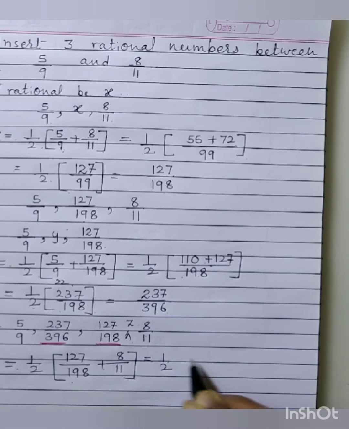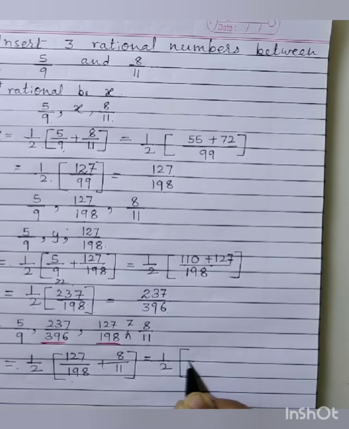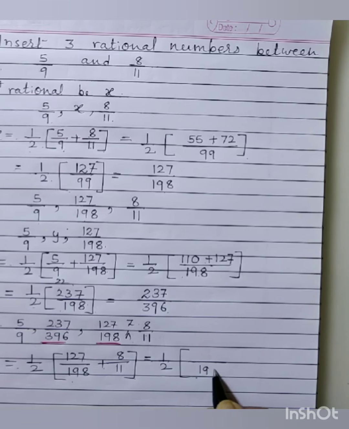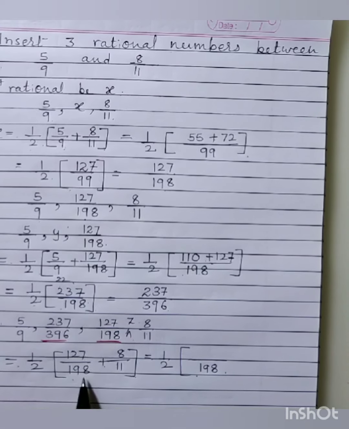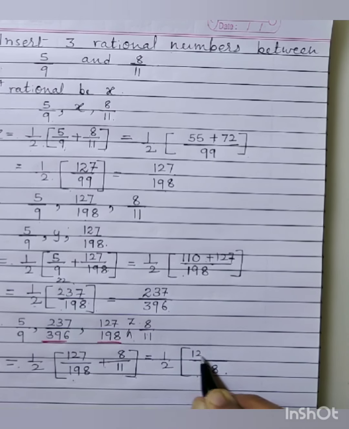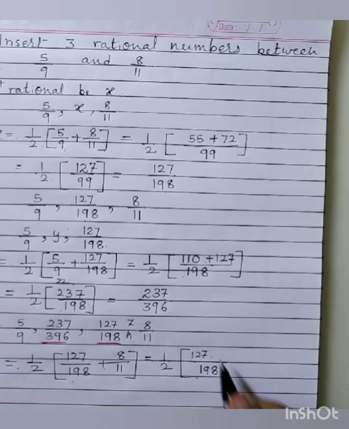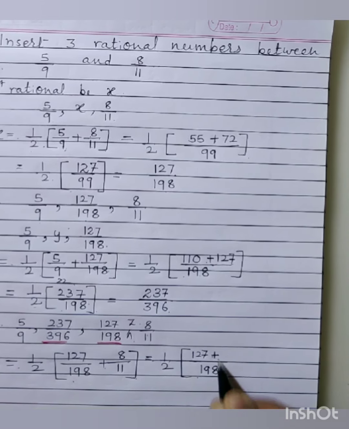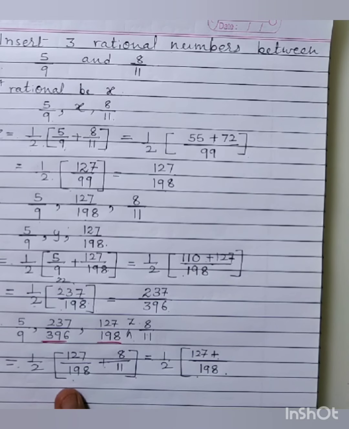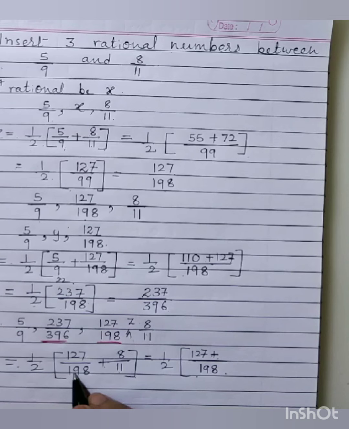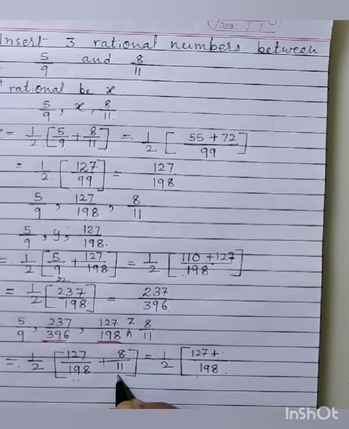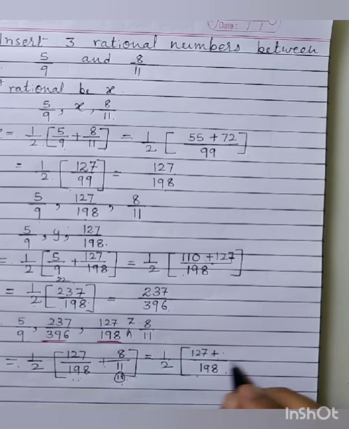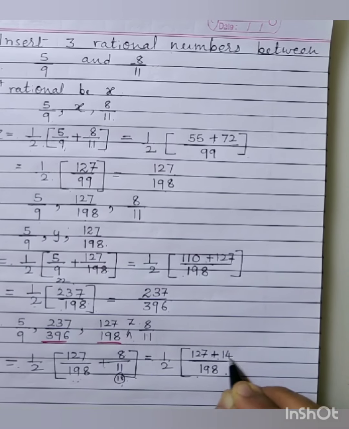On simplifying, I again get the LCM as 198, then 127 comes as it is, plus 18 times 8, that is 144.